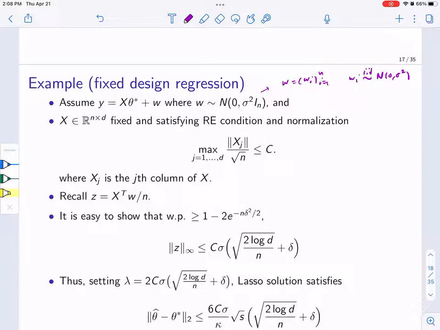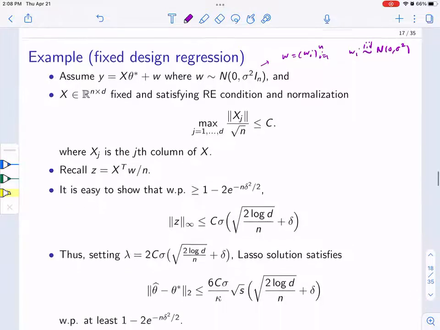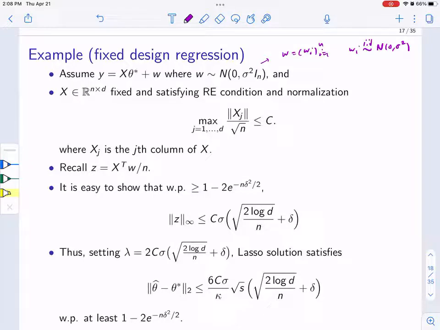You can replace this with a sub-Gaussian assumption, independent sub-Gaussian with sub-Gaussian norm bounded by sigma. Then we also assume this column normalization.